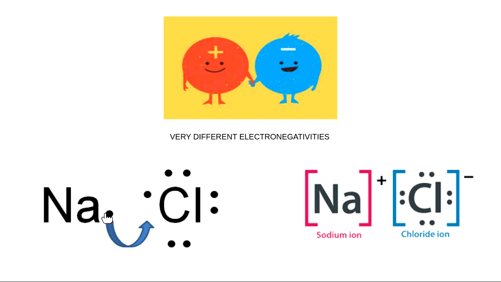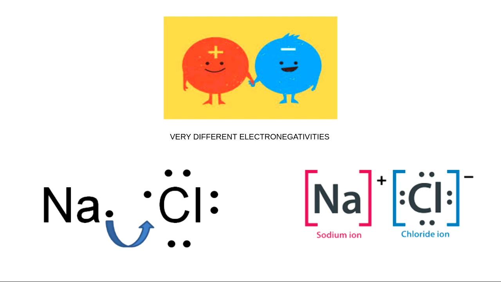Now chloride has an extra electron, an extra negative charge, so it looks negative. Sodium lost one of its negative charges, which makes it look positive. When we talk about the way that sodium and chloride interact with each other, it's that kind of bond we mentioned at the beginning. We form an ionic bond.